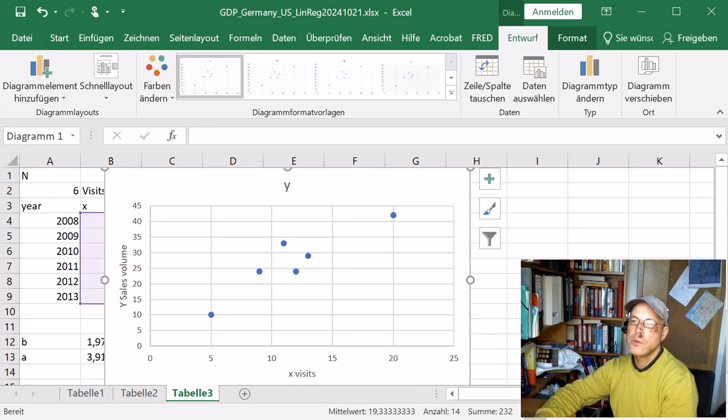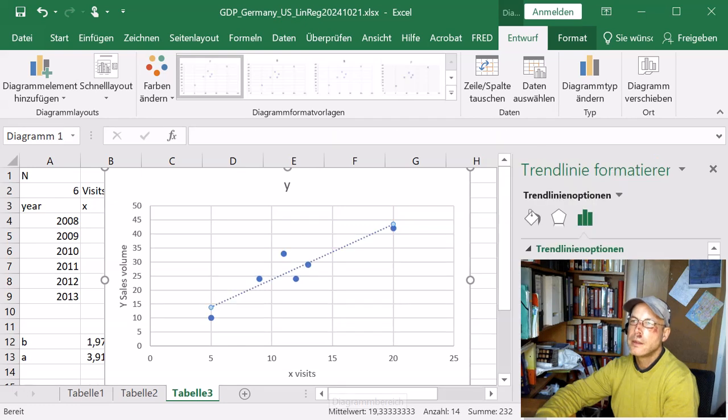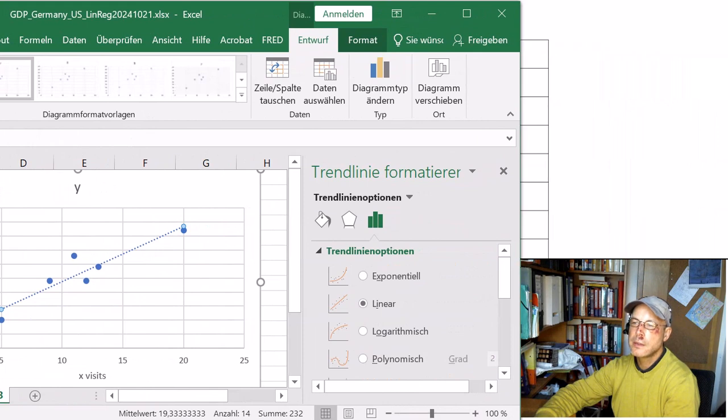And what you can do now is click into the data, then right click with your mouse, and then you see here trend line, and that you see it, we put it here.